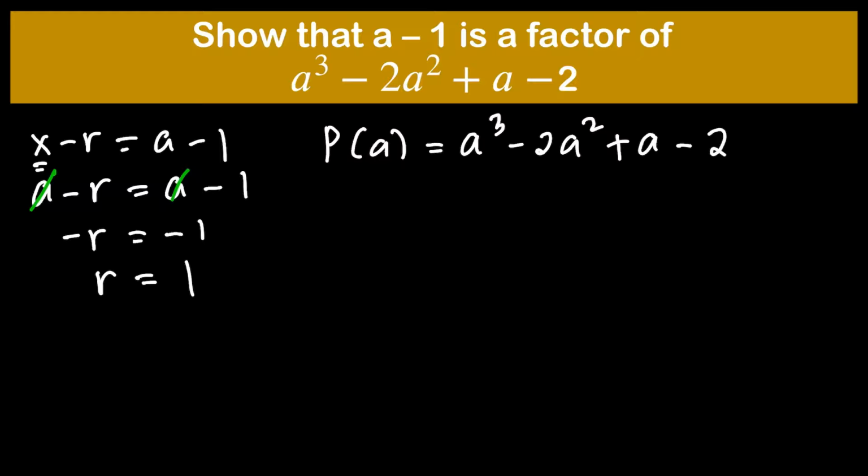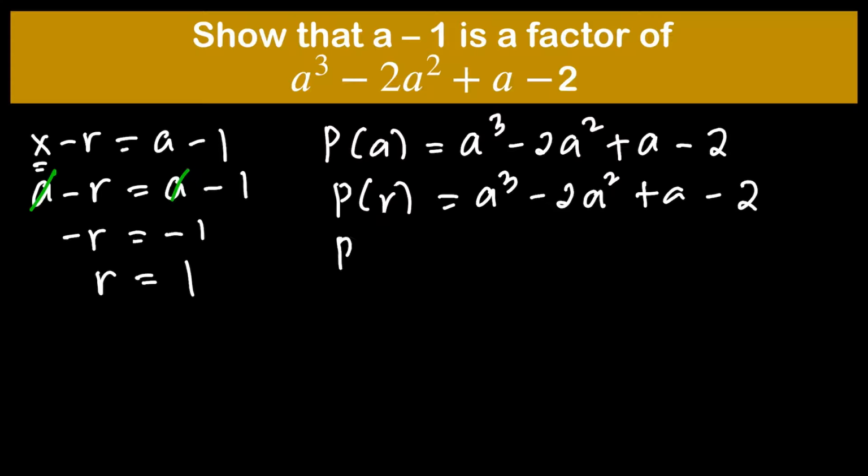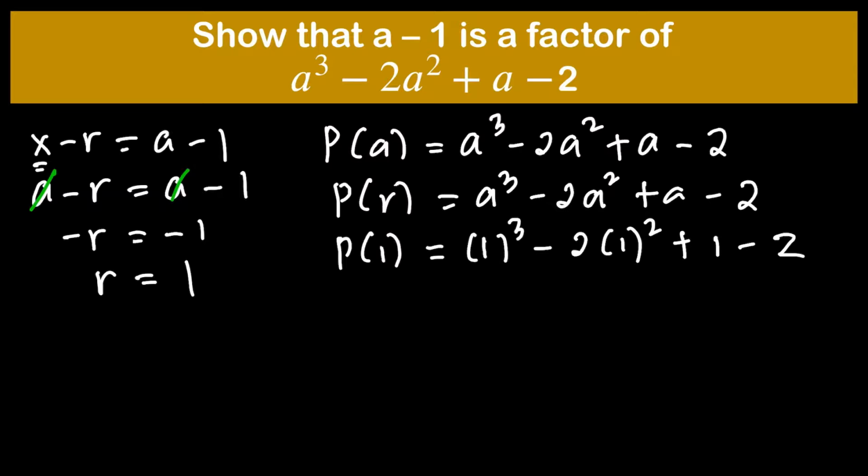So this will be our p of r equals a cubed minus 2a squared plus a minus 2. And we know that our r is 1, so we have p of 1 equals 1 cubed minus 2 times 1 squared plus 1 minus 2.